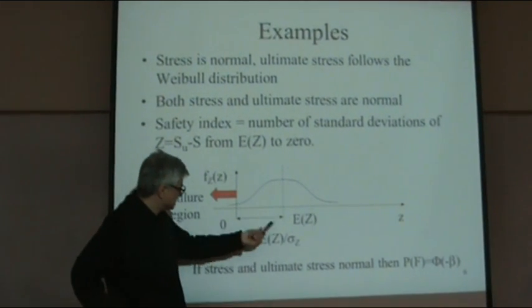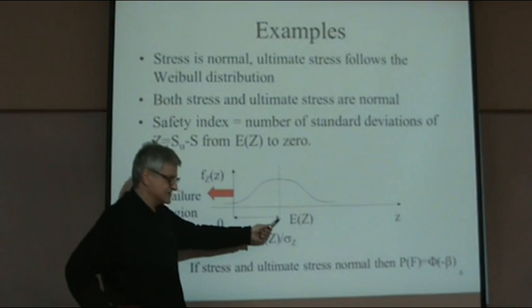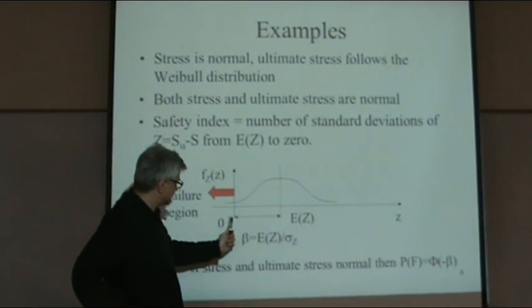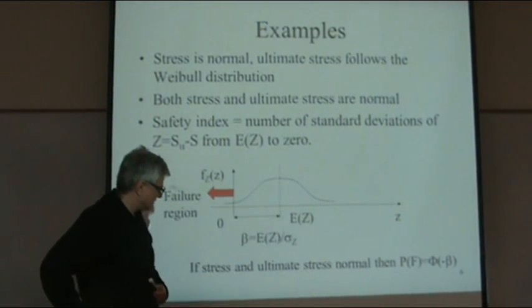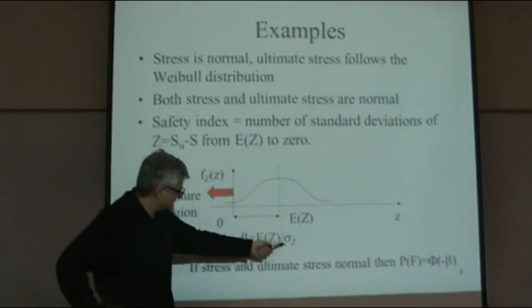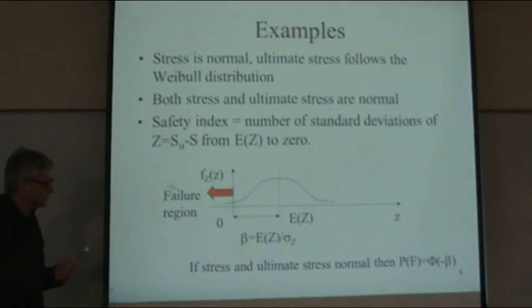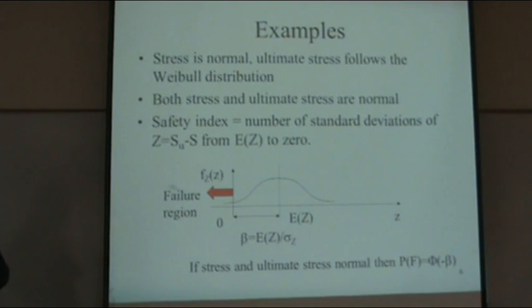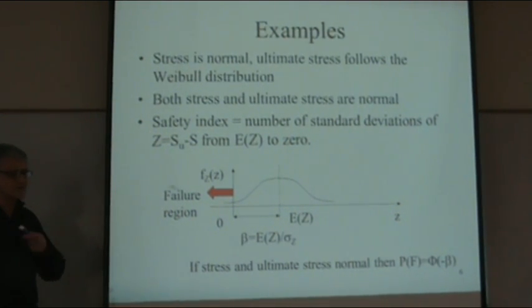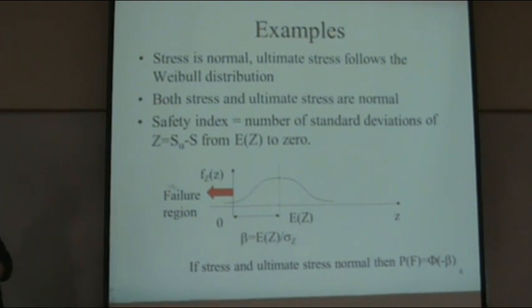So this margin, which is from zero to the mean value of the difference, normalized by the standard deviation of the difference, is called safety index. And that can be 1, 2, 3, 4. The higher, the better, okay?